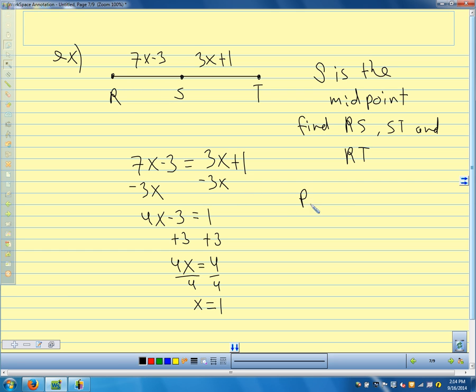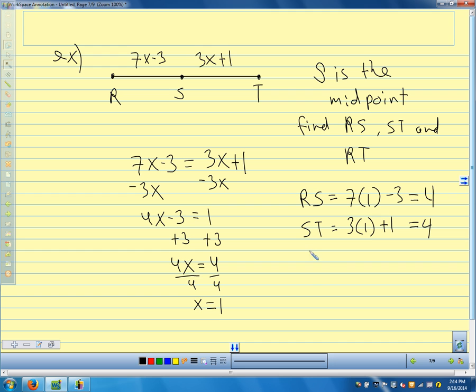So RS equals 7 times 1 minus 3, which is 4. ST had better equal what here, if this is the midpoint? ST had better equal 4 also. So I'm going to say 3 times 1 plus 1 equals 4. They're both the same, so we did the problem correctly.